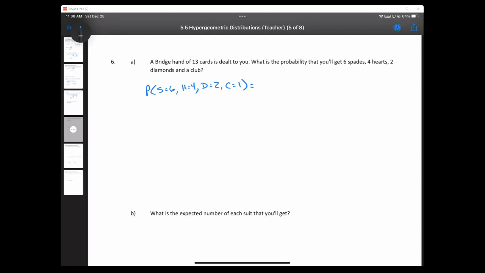When you write it like this, it's pretty obvious what it means, but writing that out with all generic variables is crazy. That's just going to be 13 spades choose 6, 13 hearts choose 4, 13 diamonds choose 2, 13 clubs choose 1, out of 52 cards choose 13.